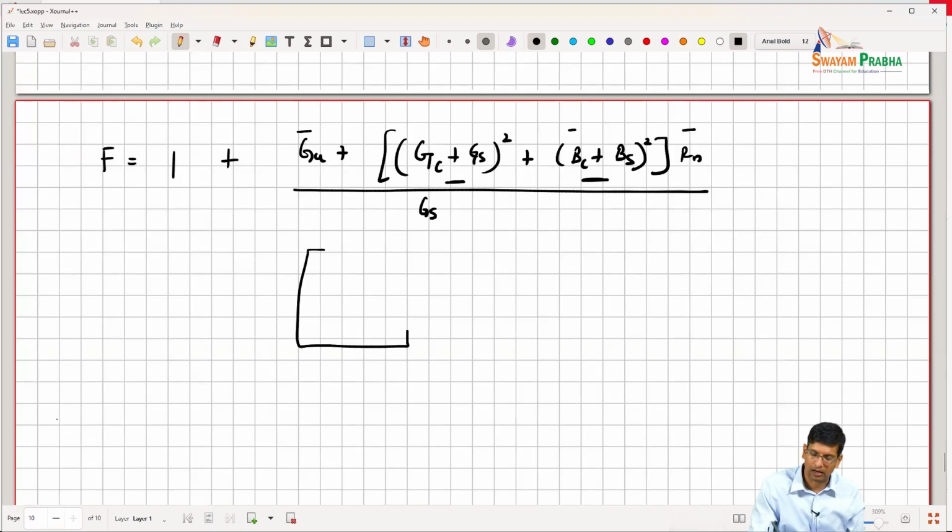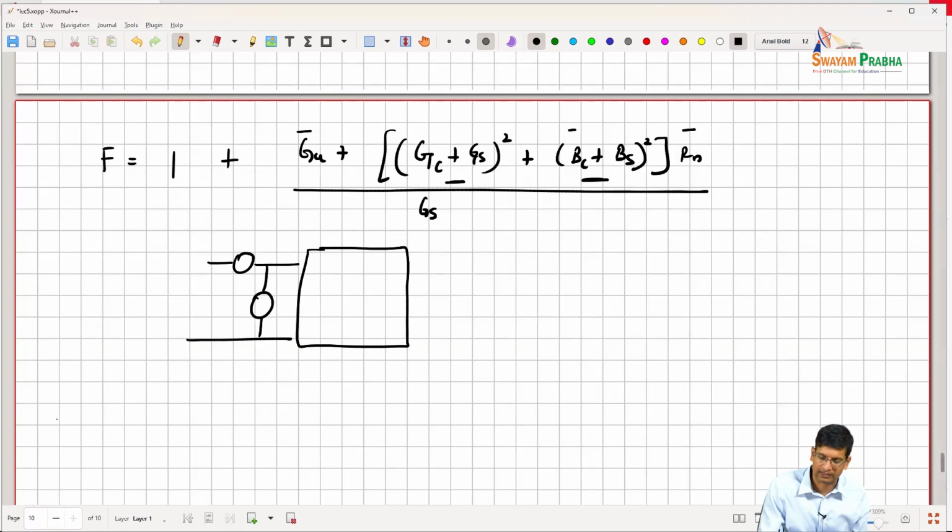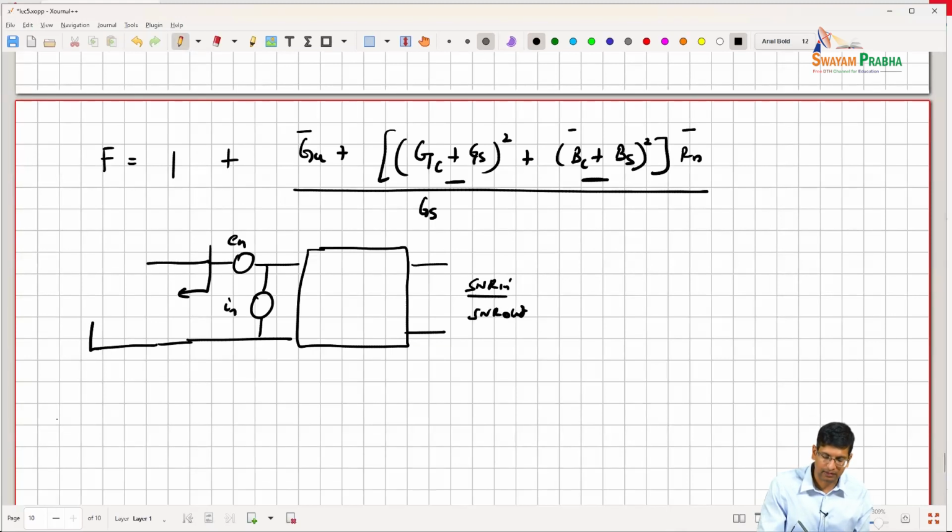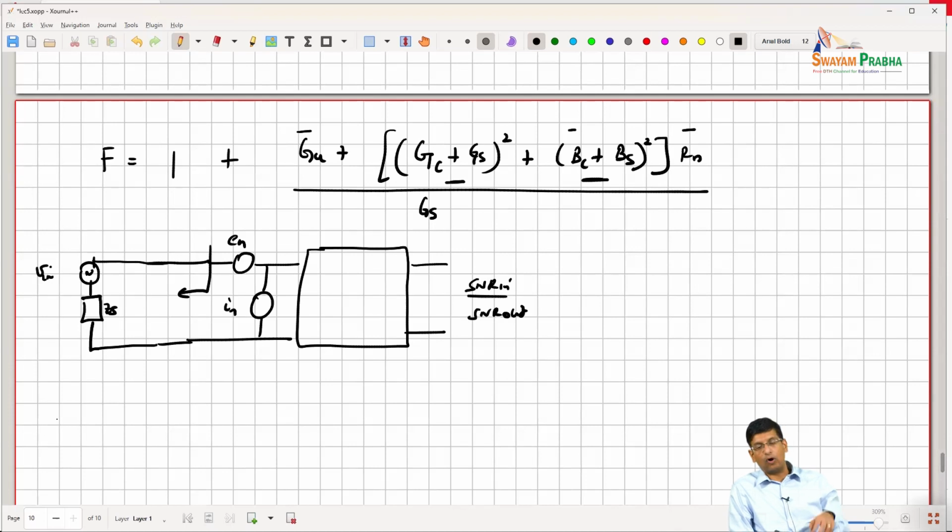Or to put it another way, I have this En and I have this In, right? This is my model. If I want to get the best SNR in divided by SNR out, I should drive my input with a certain Zs, right? So there is an optimum source impedance that the device wants to see.